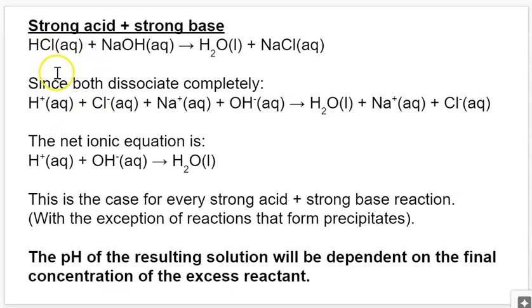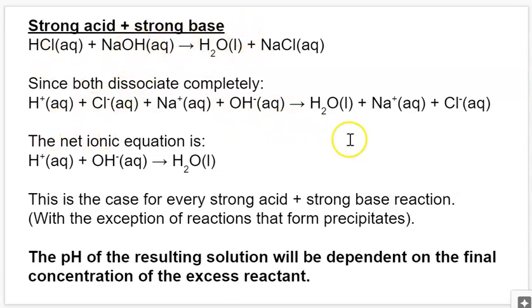If we have hydrochloric acid, which is a strong acid, interacting with sodium hydroxide, which is a strong base, we're usually just going to end up with water and an ionic salt, because the hydrogen ions from the HCl are going to combine with the OH minus from the strong base, and they're going to form a water molecule.